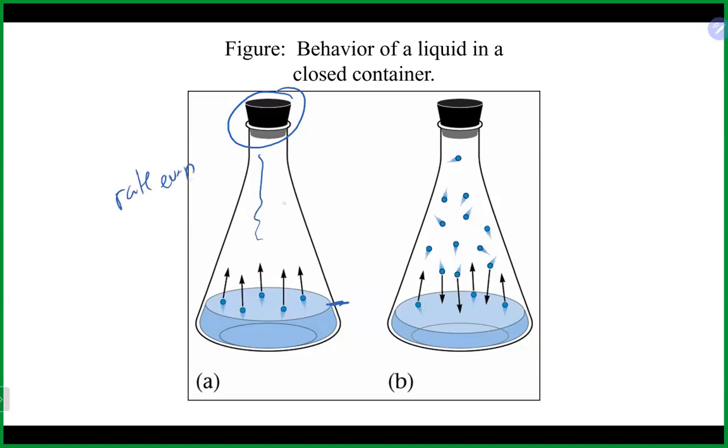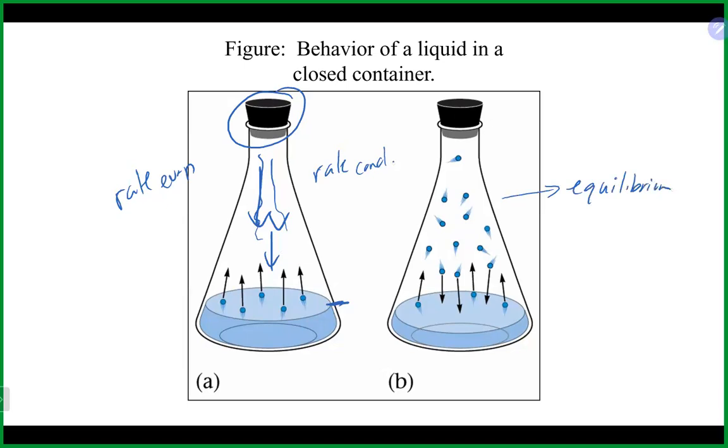As they evaporate, though, in this particular case, they've got nowhere to go and there's no air going to blow it away, which means eventually these guys will turn around and start working their way back down into the liquid phase. At some point, we will get a rate of condensation going to occur, and it will eventually reach equilibrium.